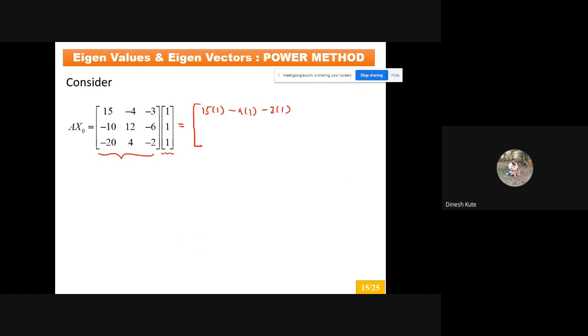That becomes your first entry. Then second row with this column, that is minus 10 into 1, plus 12 into 1, minus 6 into 1. Then next is minus 20 into 1, plus 4 into 1, and minus 2 into 1. You can perform like this also. It depends on you. But in the calculator, if I store this matrix A initially, after that I have to just change this second matrix, and that becomes simple.